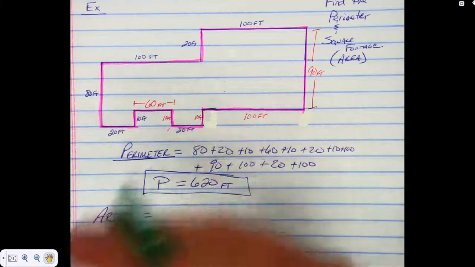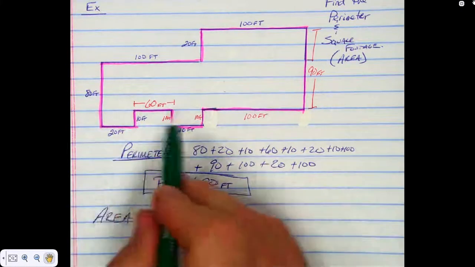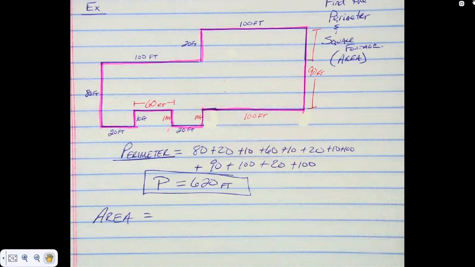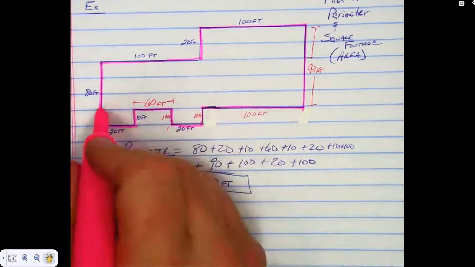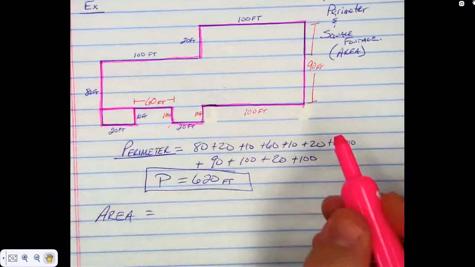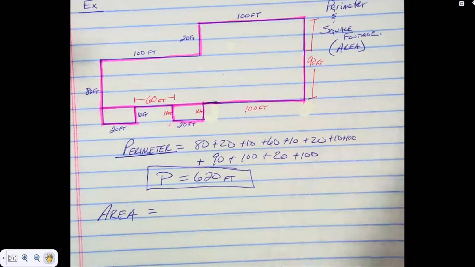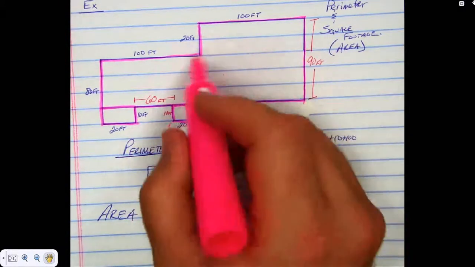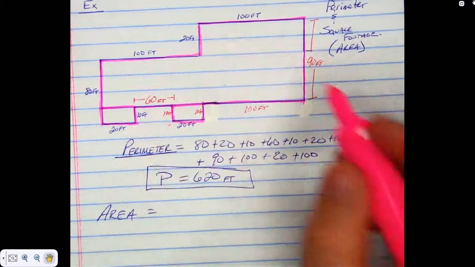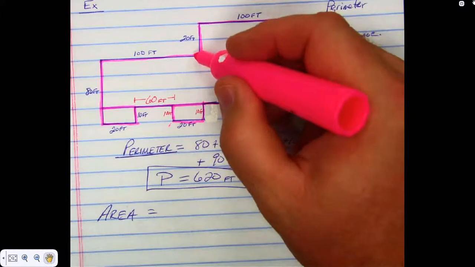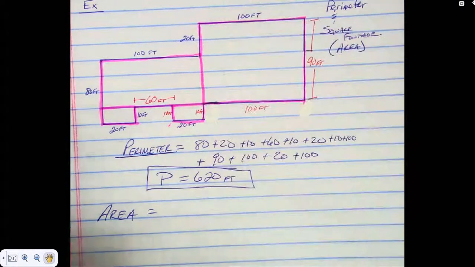Break it up into things you do have a formula for. Aren't there a bunch of rectangles here? So couldn't I break that up? Yep. And then I can either break it here or I can break it here. Which place do you want to break it? There. Down? Yeah, break it there.